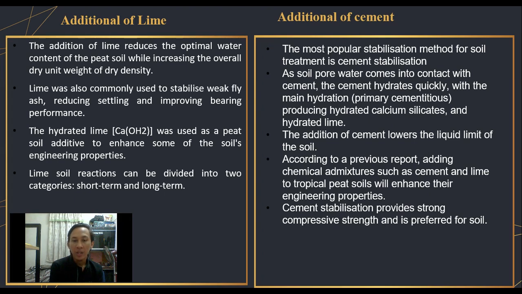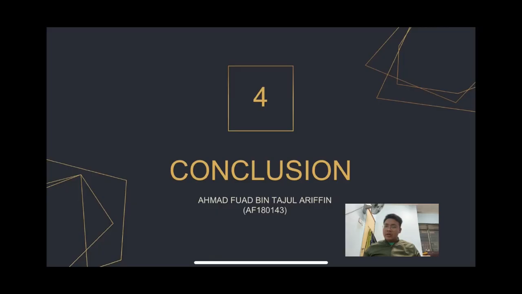According to the previous report, adding chemical admixtures such as cement and lime to tropical soils will enhance their engineering properties. The final point is that cement stabilization provides strong compressive strength and is preferred for the soil.